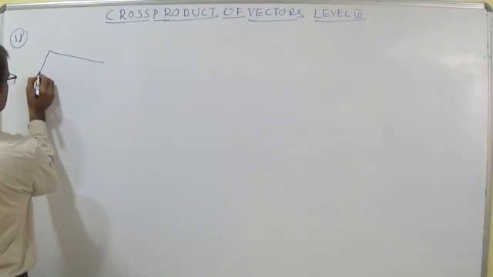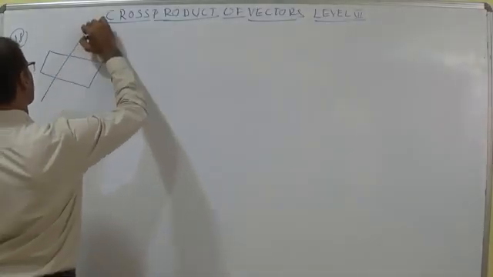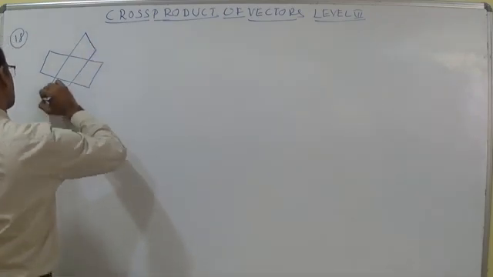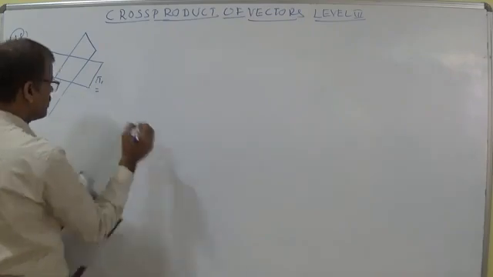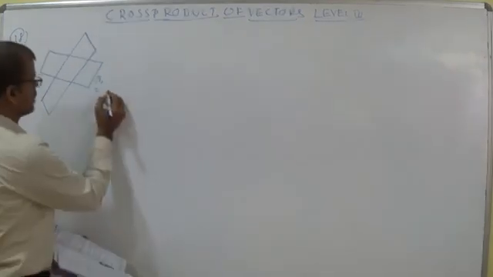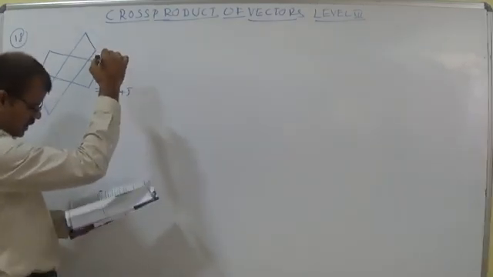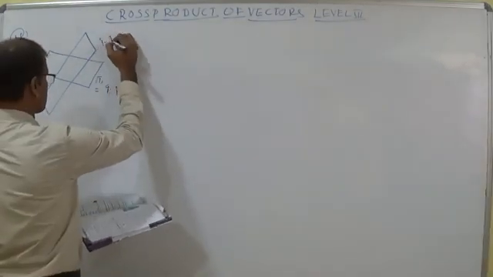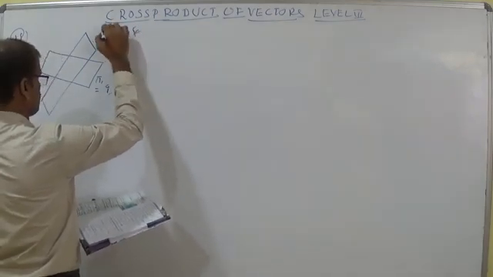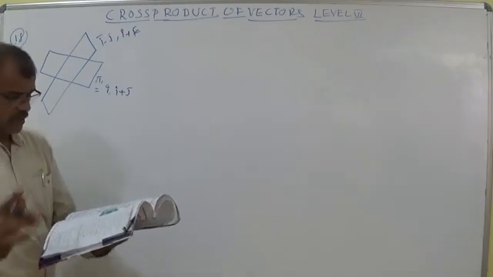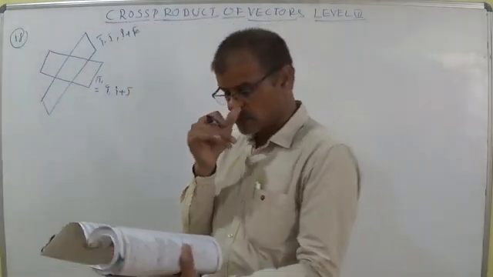Let the plane pi 1 be determined by the vectors i, i plus j. The second plane is determined by the vectors i minus j, i plus k. A non-zero vector A bar is parallel to the line of intersection of the planes.